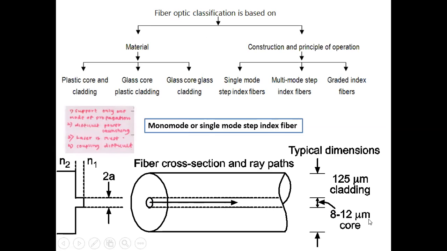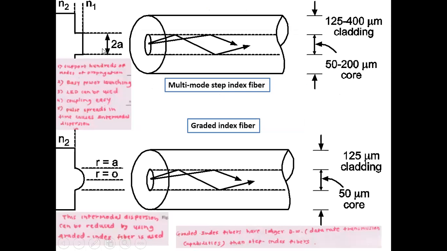If you have an 8 to 12 micrometer core in which you have to send optical information, you will require a device like a laser. So a laser is a must, and coupling becomes difficult if you go for single mode step index fiber. Whereas if you go for this multi-mode step index fiber, then an LED can be used, and coupling becomes easy.